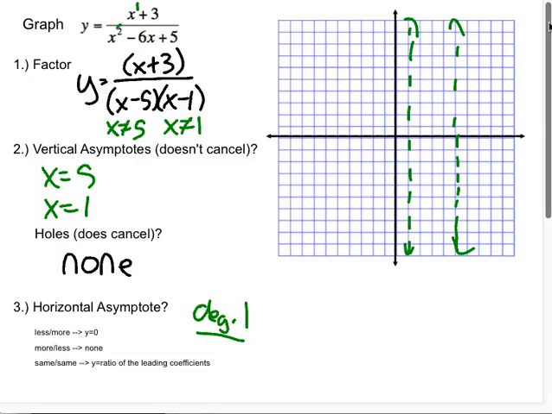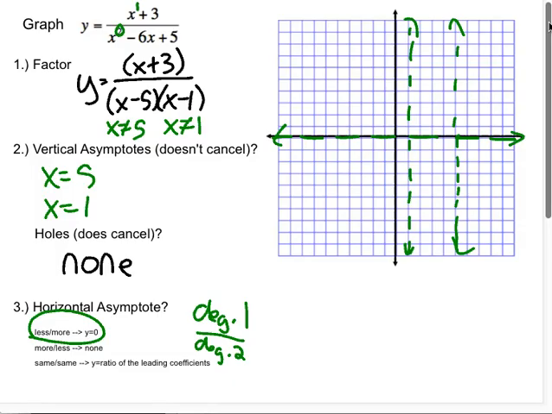The bottom is a degree 2. So we're going to employ the rule of less over more, which is going to mean our horizontal asymptote is going to be at 0. Whenever you have a lower degree on top than the bottom, you're dealing with the horizontal asymptote of y equals 0.